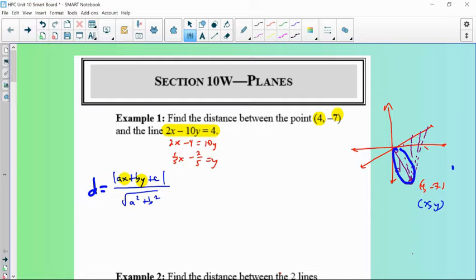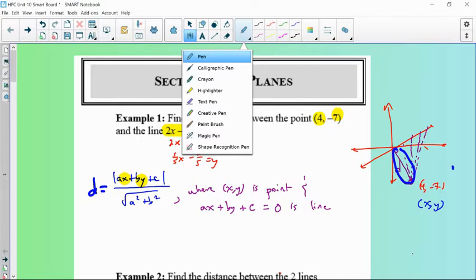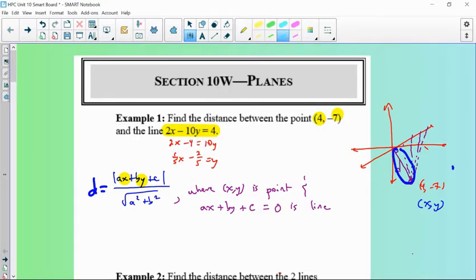This is the point-line distance formula, where x comma y is the point, and ax plus by plus c equals 0 is the line. Now that I have it in that form, I can make that association that the a, the b, and the c are the coefficients when set equal to 0.